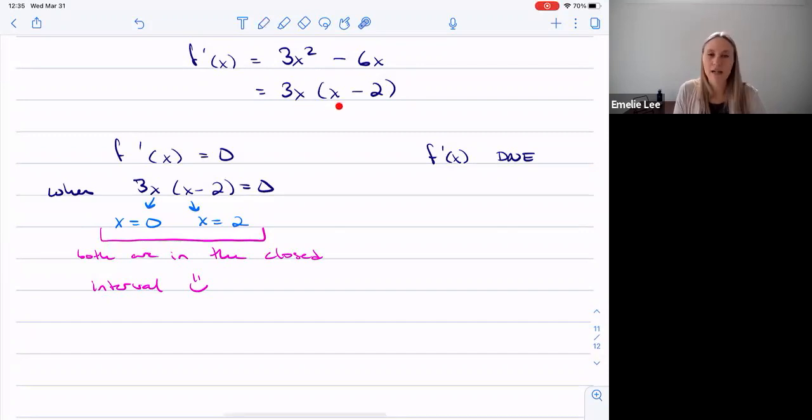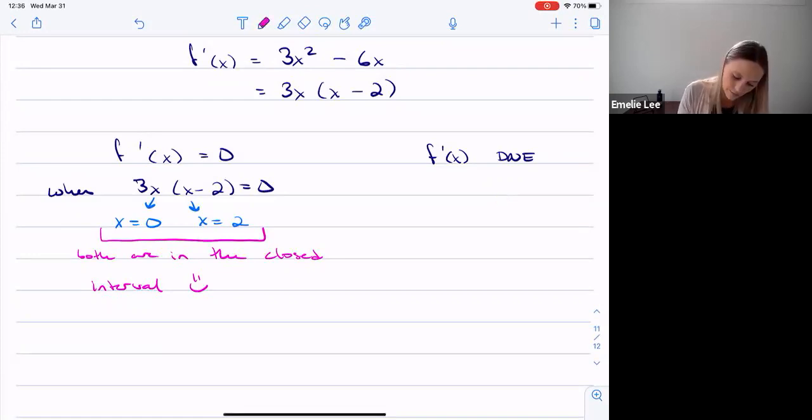There is no value of x that gives illegal math, so there are no type 2, that's when it's easier to call them type 2. There are no values of x that make this derivative not exist.